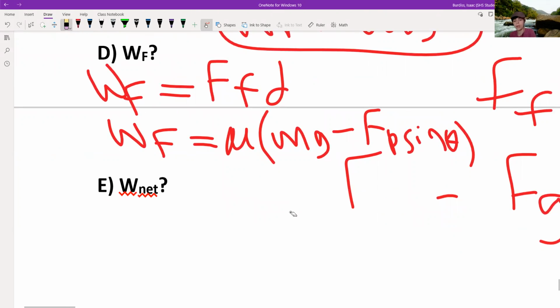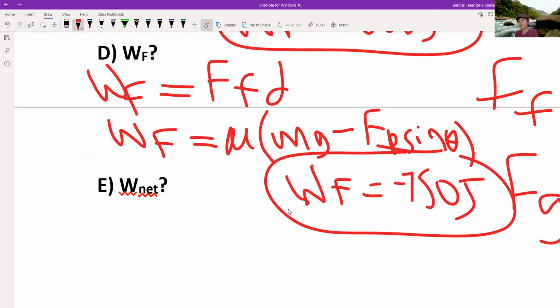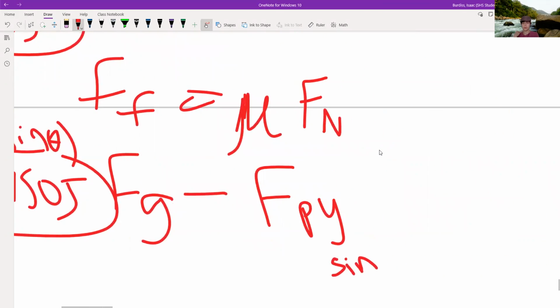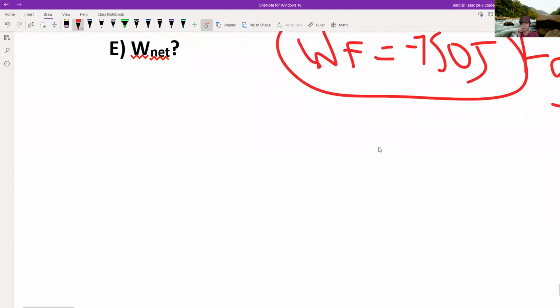And once you plug in all those numbers, you would get that it is negative 750 joules. So sorry that I got mixed up on that one, but at first I was thinking I was doing the friction force wrong. It's the normal force, because you have to use the normal force. And to get it, you subtract other things using Newton's law.